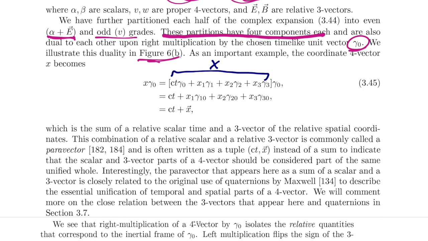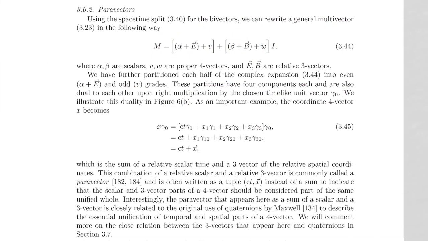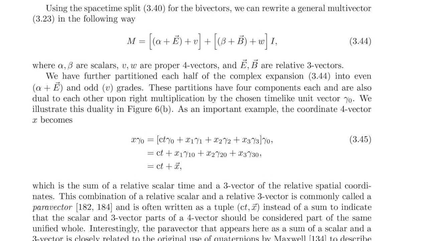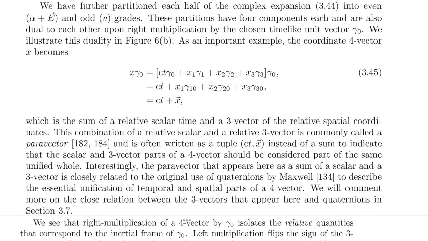And if you multiply it on the right by gamma 0, then according to our thinking here, it's a 4-vector, not a trivector, which would be over here. It represents this v. If I multiply it on the right by gamma 0, I should get something that looks like a scalar plus a relative 3-vector.